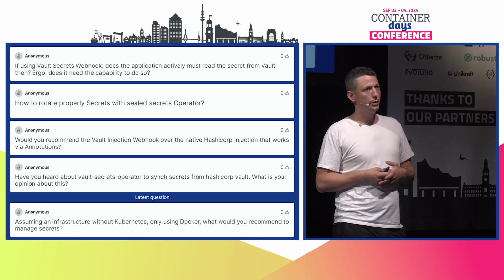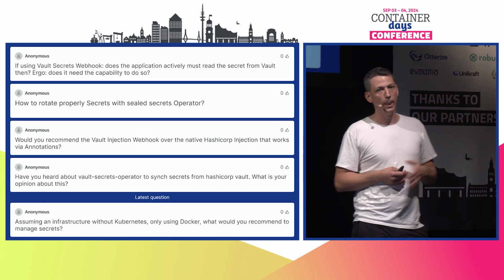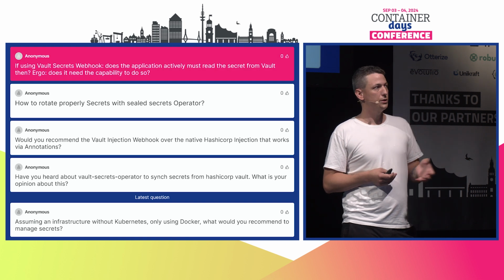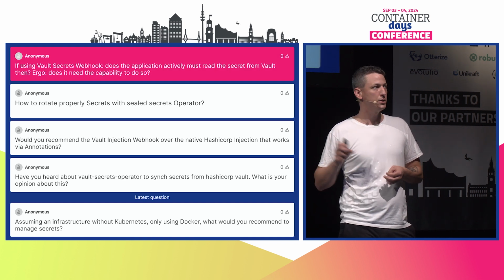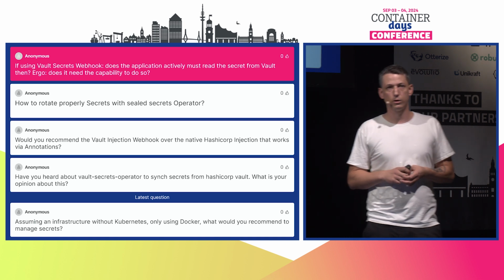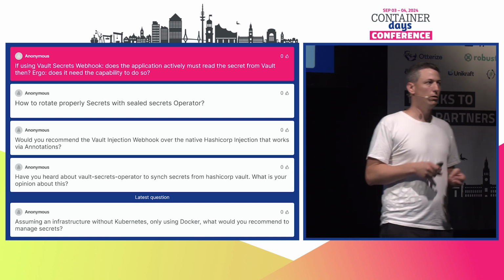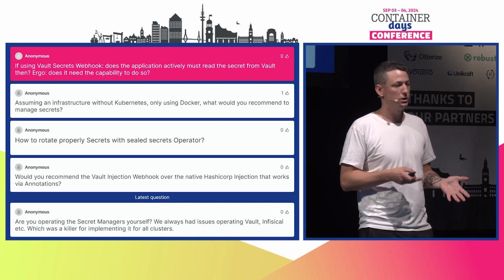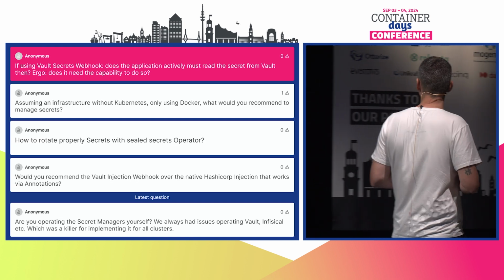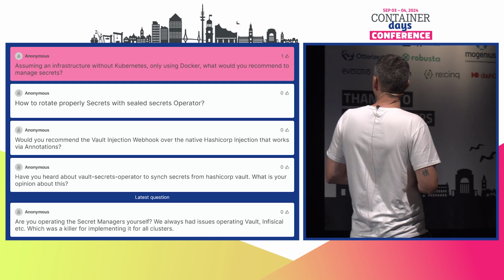The answer is pretty simple: it uses the workload service account, and you can define very granular policies in Vault to ensure that this workload can only access the secrets that are important to that specific workload.